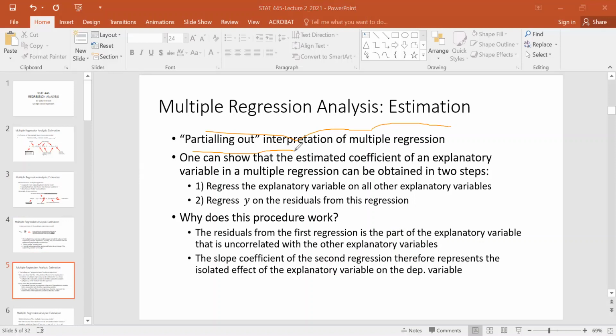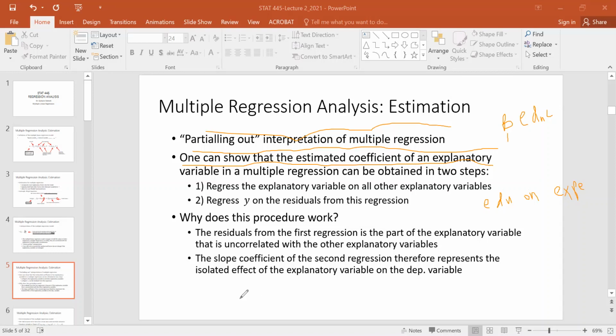One can show that the estimated coefficient of an explanatory variable in a multiple regression can be obtained in 2 steps. Beta 1, which is attached to education, for example, can be obtained in 2 steps. Regress education on other regressors in the model, like experience.